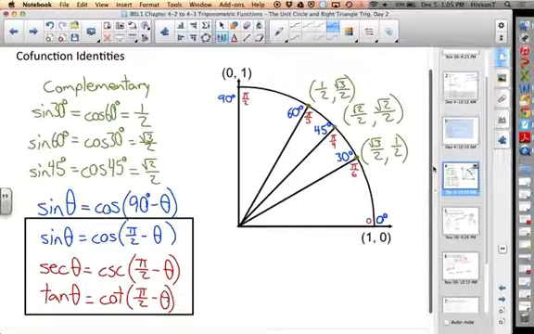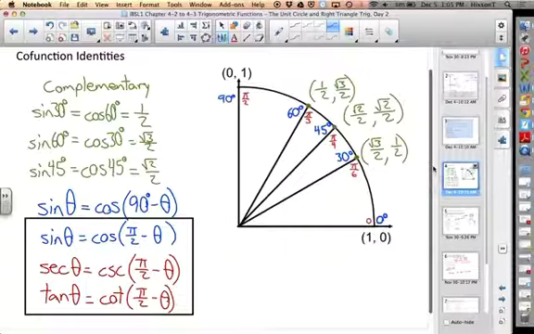Well, so is the cosine of 60. If we have the sine of 60, that's root 3 over 2. Well, that's the same as the cosine of 30. So we saw here that if the angles add up to 90 degrees, then the sine and the cosine are going to be equal.